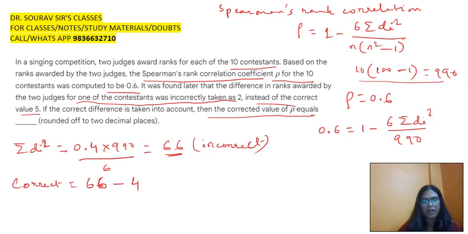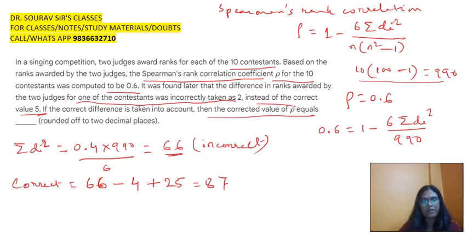We are subtracting the incorrect one and adding the correct one, 5 square, 25. So 66 minus 4 plus 25. So we have 87 as our correct value.